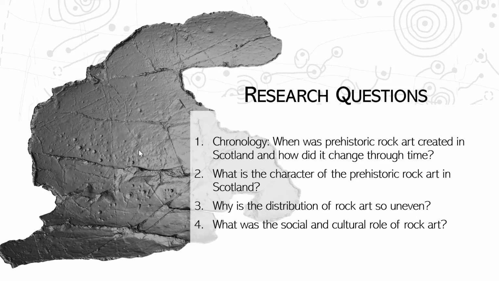And finally, we are also interested to know who created the rock art and what it was for. All these questions are very interlinked and also very difficult to answer, mostly due to the nature of the rock art itself. So we will address some of these in relation to Kilmartin today.